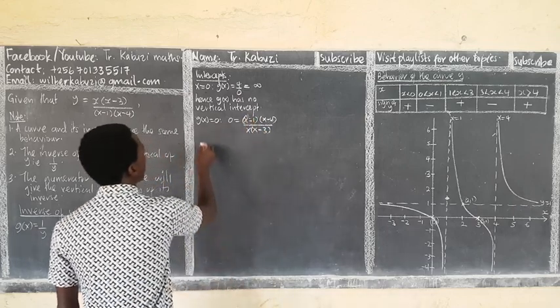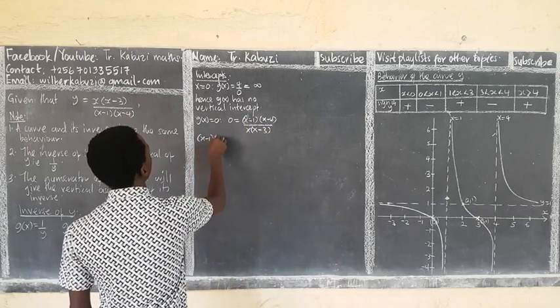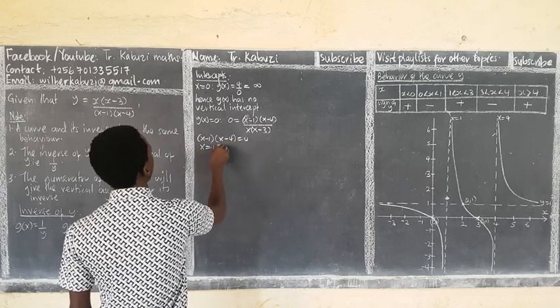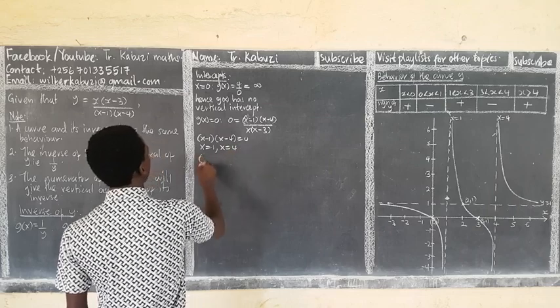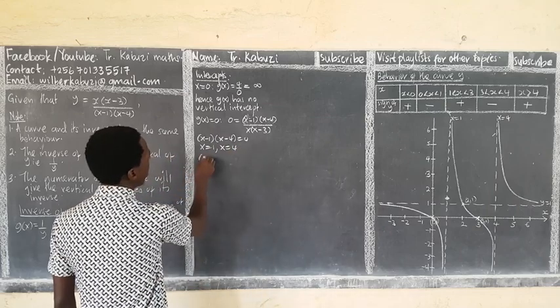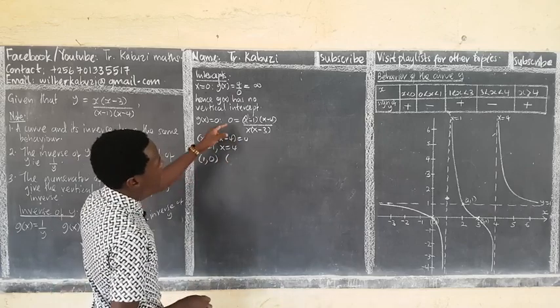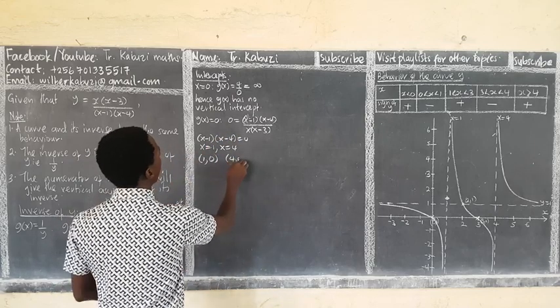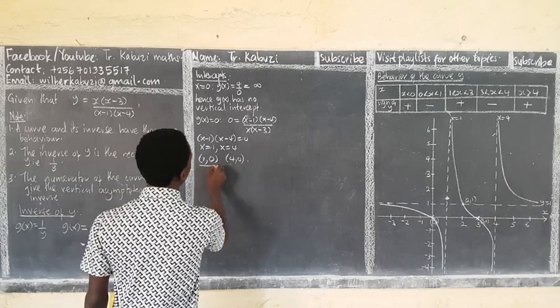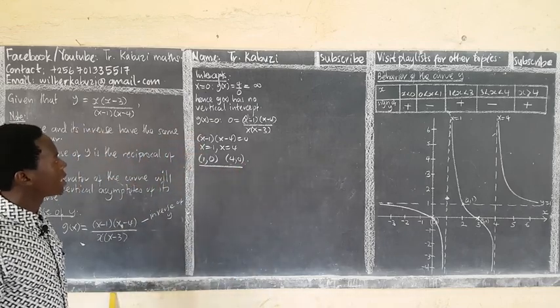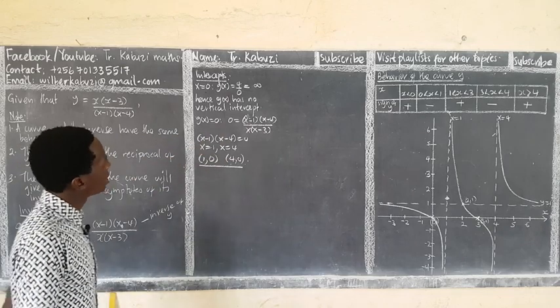And cross multiply, you have x minus 1, x minus 4 equaling 0. So we have x equal to 1 and x equal to 4. So the intercepts there become 1, 0 and 4, 0, and these are now my x-axis intercepts.